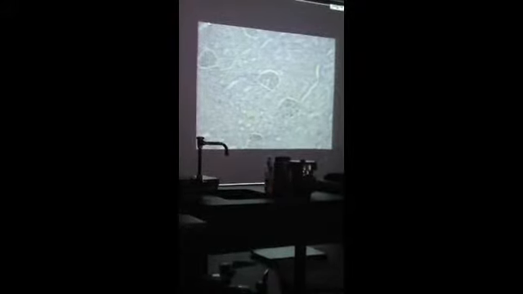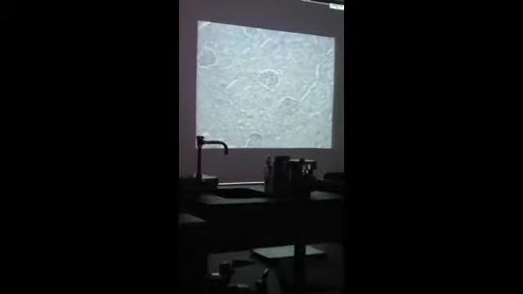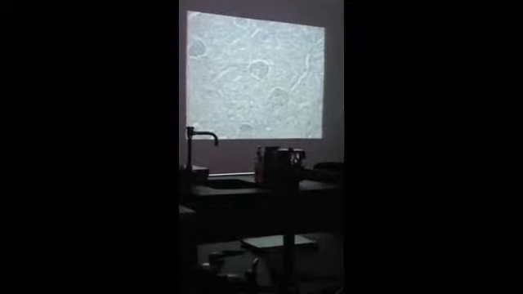Again, all of the nephron, with the exception of one part, is found in the cortex. What's the part that extends into the medulla? What part of the nephron? Loop of Henle, okay, part of the loop of Henle. Everything else, the corpuscle, proximal convoluted tubule, distal convoluted tubule, and actually part of the loop of Henle is in the cortex.